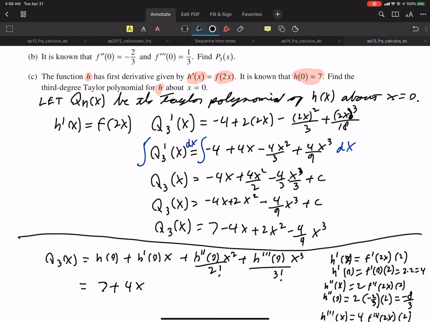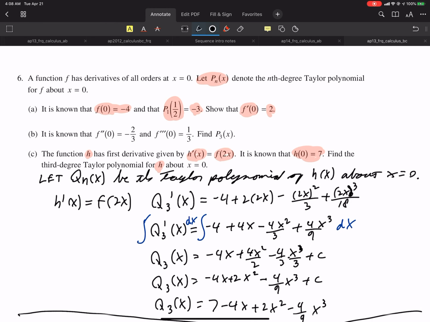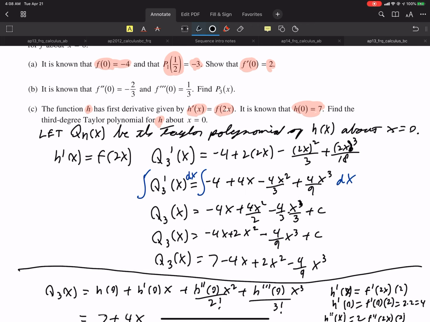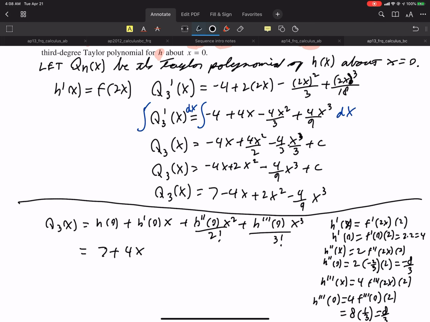F prime of 0 is negative 4. Wow, my brain. So I'm confused now because that's going to give us negative 8. I'm doing something wrong here. So h prime of 0.